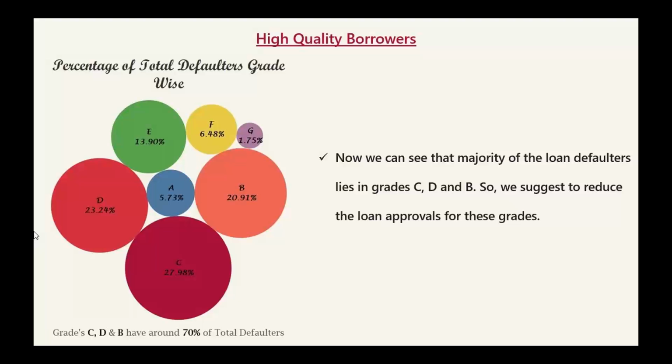If we get to know on what basis they have defined the grades, we can design a separate model for them. So the client can work on these grades specifically to reduce the number of defaulters, as they have more than 70% of the total defaulters. So these were the recommendations we can make to our client other than the model we are providing.